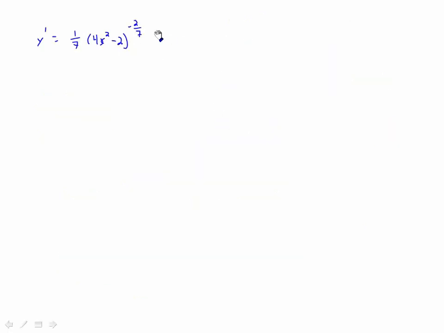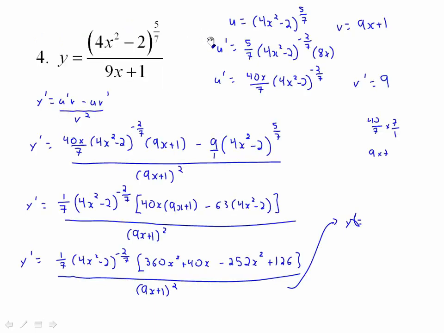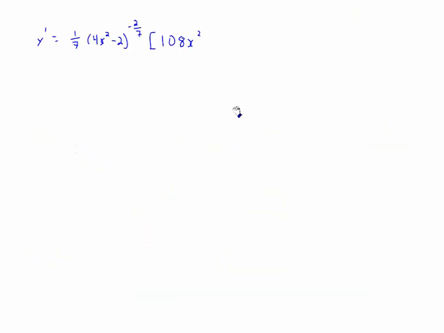And then in brackets we'll have 108 x squared, and then you've got just looks like a straight 40x minus 126 all over top of 9x plus 1 to the exponent of 2.